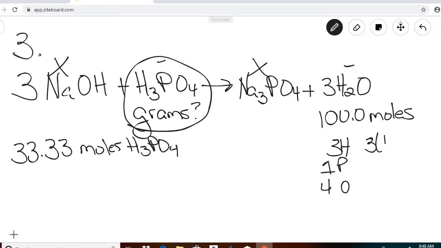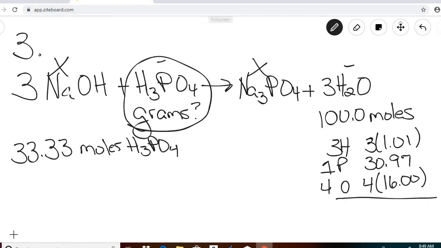So it's 3 times 1.01. Phosphorus is 30.97. Getting these from the periodic chart, and the 4 oxygens, each oxygen is 16.00. So if we add all of those together, you end up that 98.00 grams is equal to 1 mole.